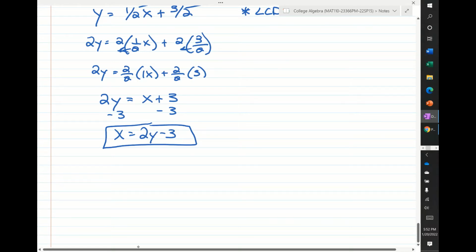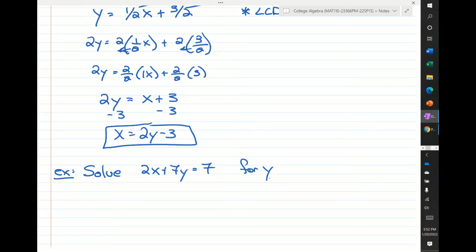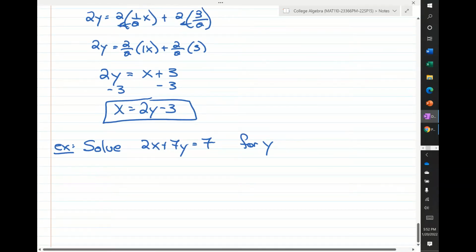Let's do one more of these. So if we solve 2x plus 7y is equal to 7, and I want to solve it for y. Remember, we start from the outside in. The easiest term to get rid of is what?